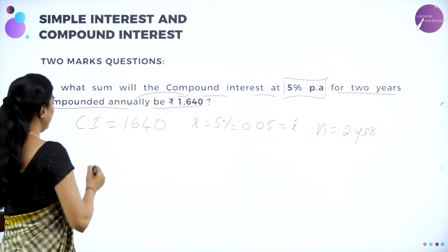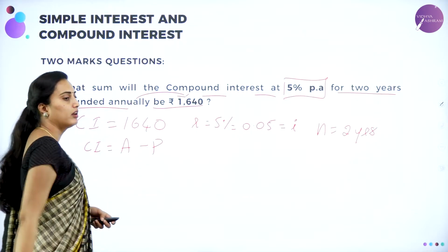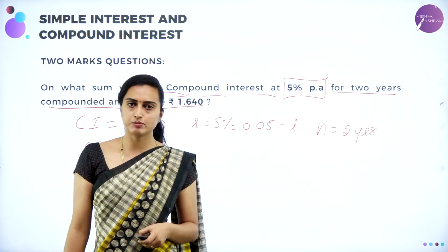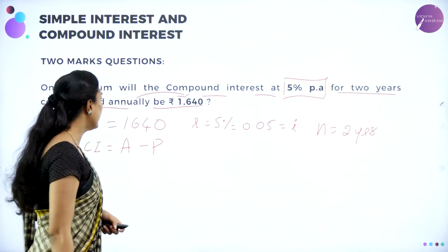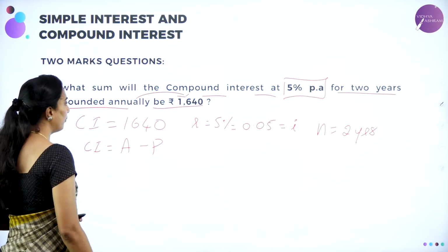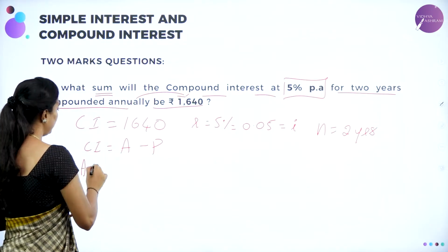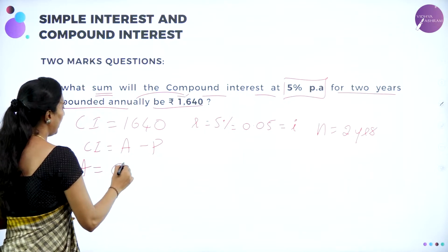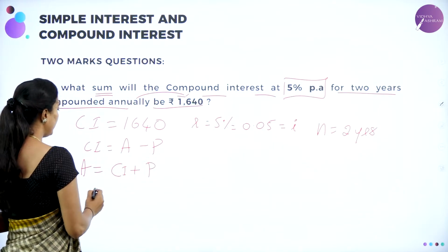Right? They have given this, so what do you need to calculate? You know already, CI is nothing but A minus P. Total amount minus principal amount gives you what? The compound interest, isn't it? So therefore, what sum do you need to calculate? You need to calculate A. A is equal to CI plus P. But what is the compound interest formula?